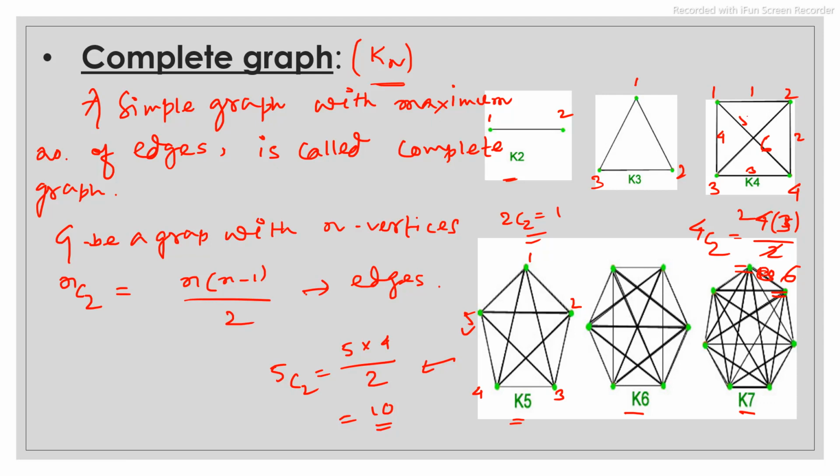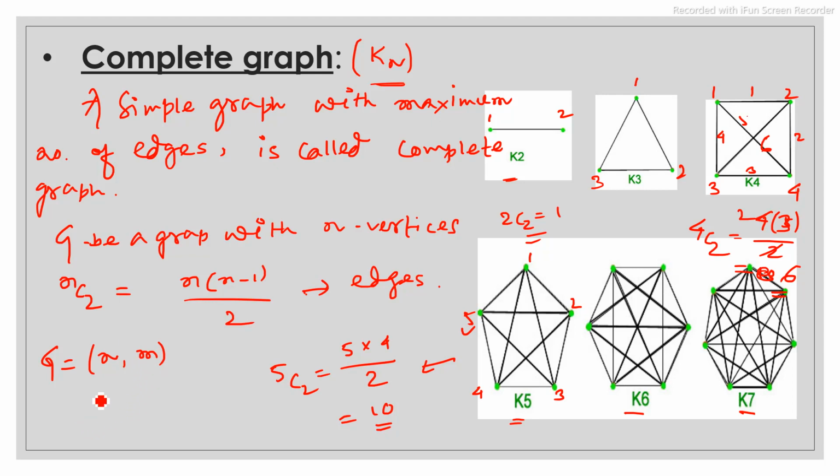Now if I ask, an (n, m) graph, suppose G where n is the number of vertices and m is the number of edges, a graph with n vertices and m edges.